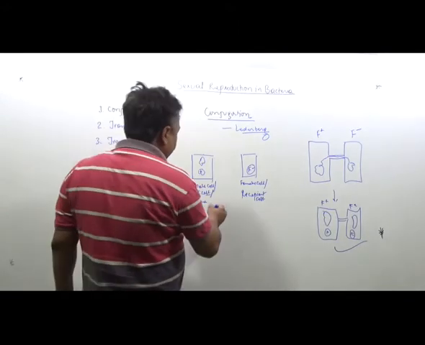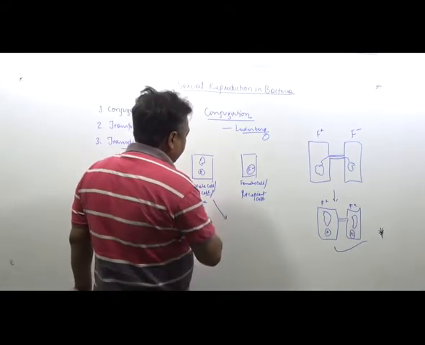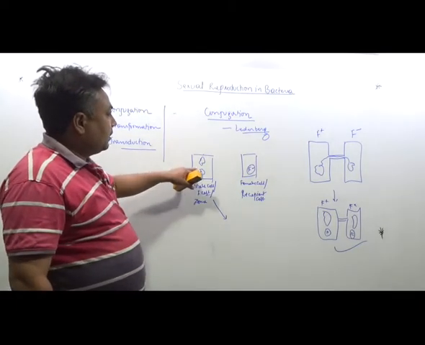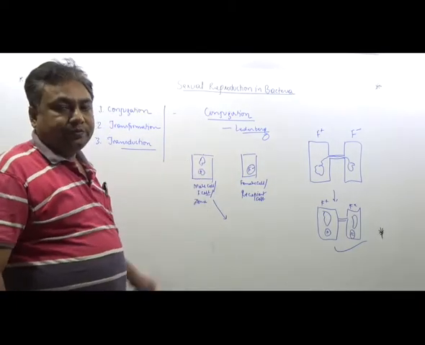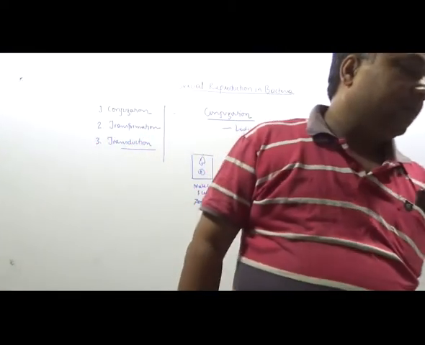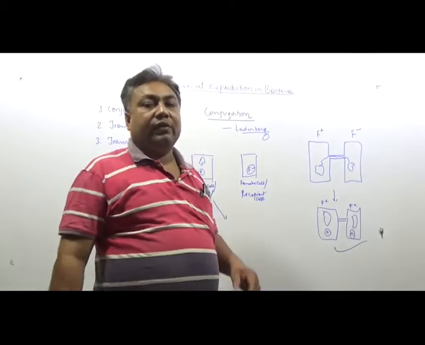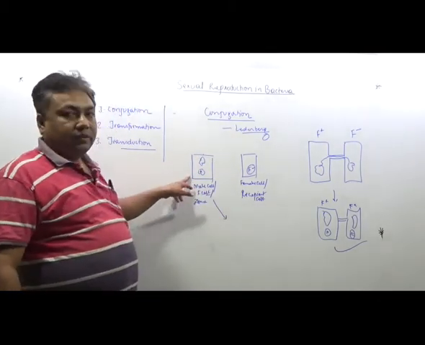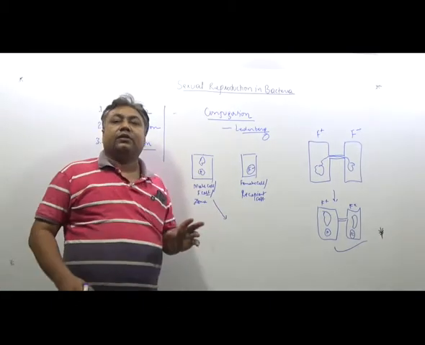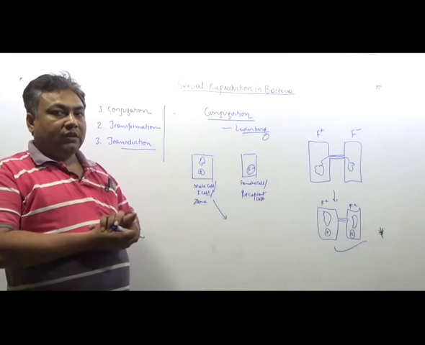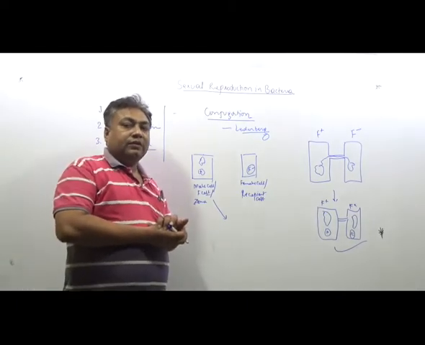Next is one more thing. If the F plasmid gets associated with the main genome, then such cells are called high frequency recombinant cells, or Hfr cells.